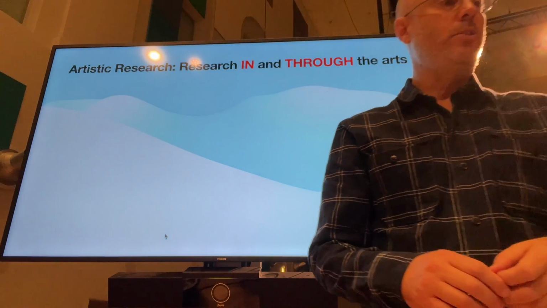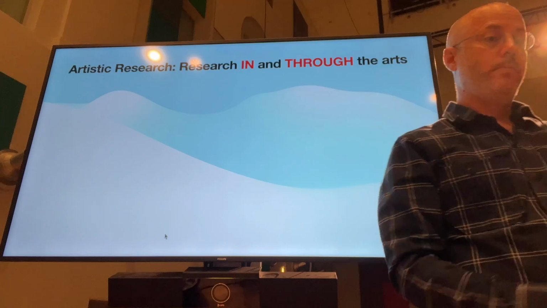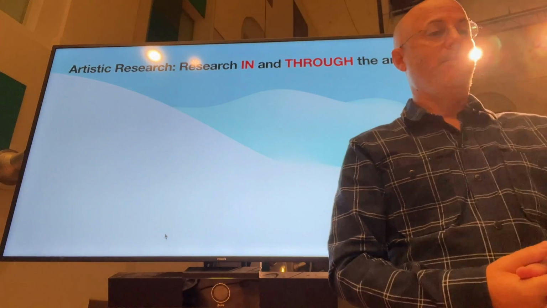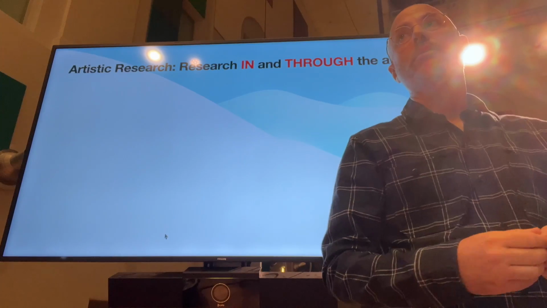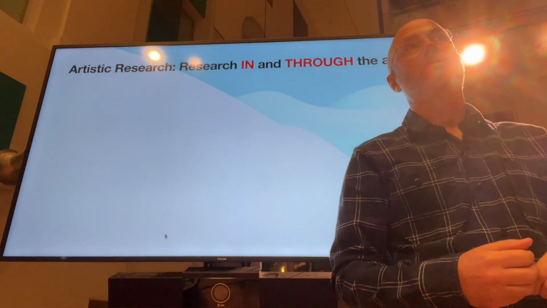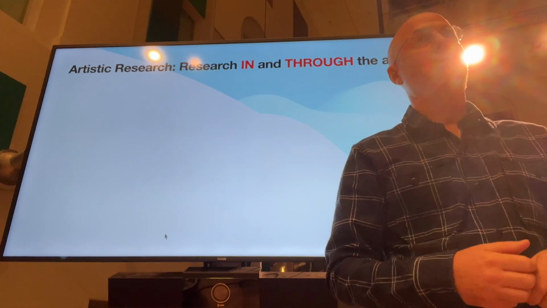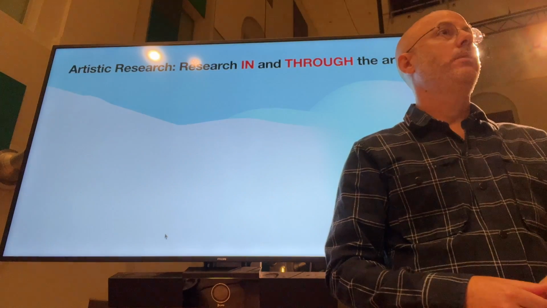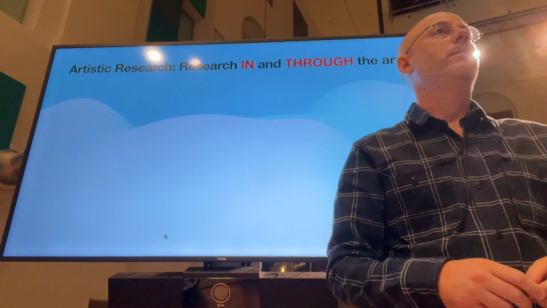So what we're going to do is artistic research, which is called research in and through the arts. This is a kind of new form of research, actually, in the last 20 years, that it's really been clarified.